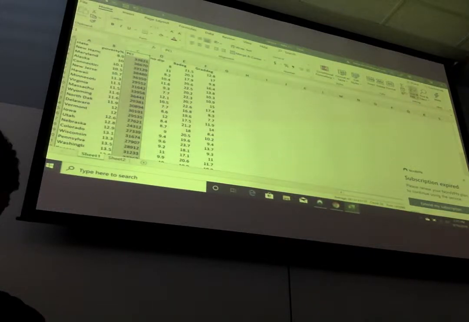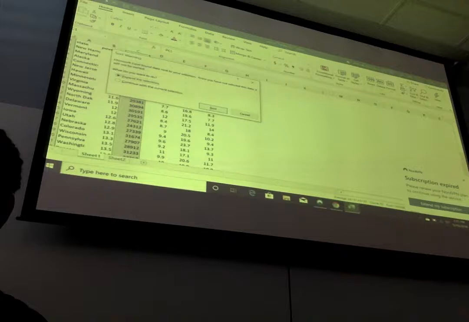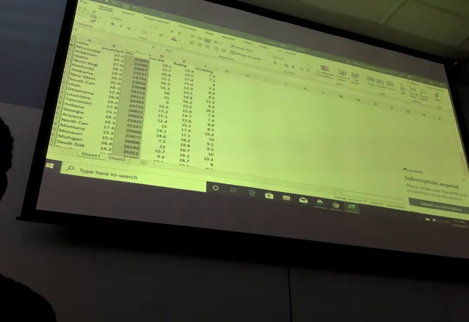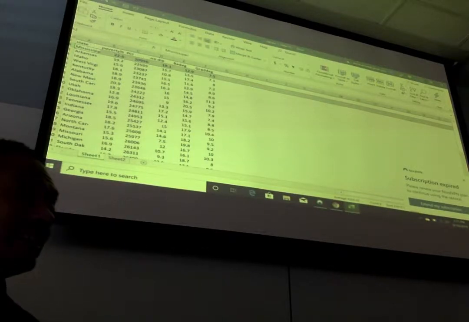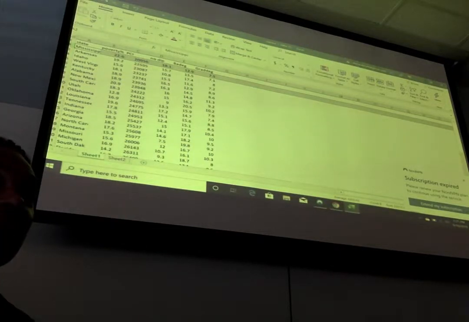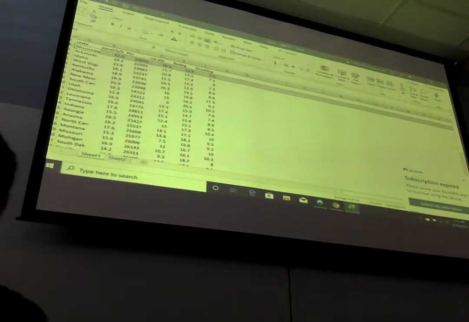What is PCI? As social scientists, these are not acronyms. These are just initials. I looked up. I use the word acronym wrong all the time. It deals with population.